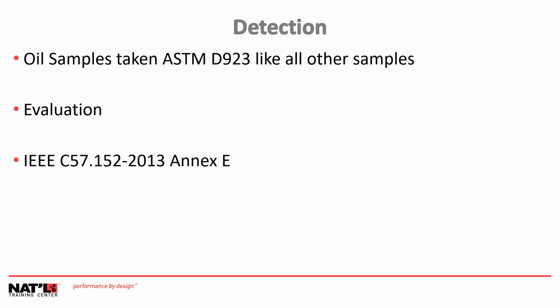The types and concentrations of furans in the insulating liquid sample can also indicate the occurrence of abnormal stresses in a transformer, whether short duration overheating of the insulation or prolonged general overheating. That statement is directly from IEEE C57.152-2013 Annex E. And other than a few recommendations which we're about to cover, that's all that standard will really tell you about furan or furan evaluation.